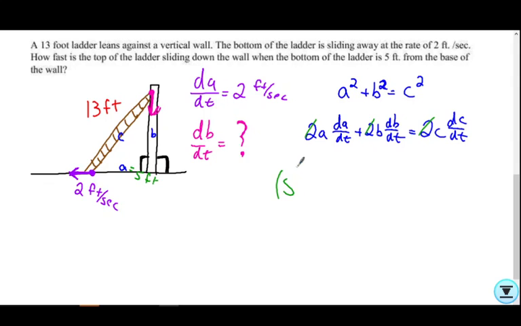So A is 5. Do I know what dA over dt is? Yep, that's 2. Plus, do I know what B is? Well, they don't tell me what B is, but since I'm dealing with a right triangle, I can do Pythagorean theorem and find that B is actually 12.